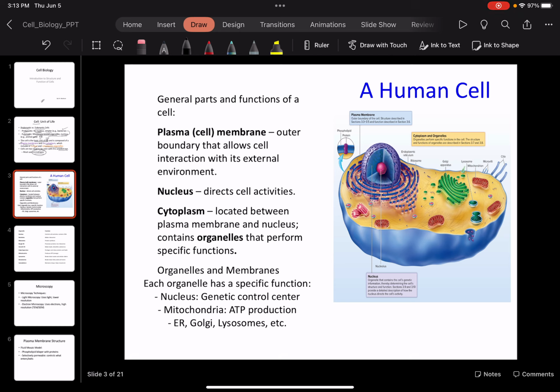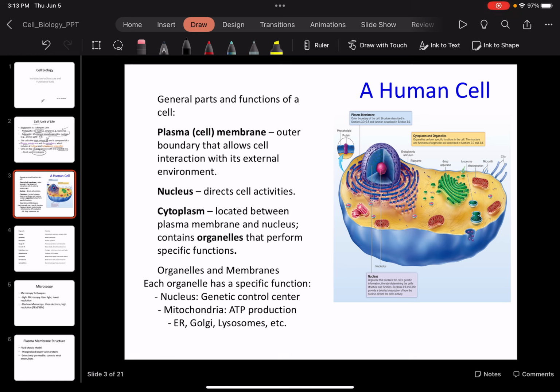Then their function. The main thing you have to know from this chapter is the structure of the general cell, the organelles in a human cell. We're not going to go over plant cells. If you study plant cells, you may see other structures like a chloroplast, big vacuole, cell wall. We don't see those things in human cells.